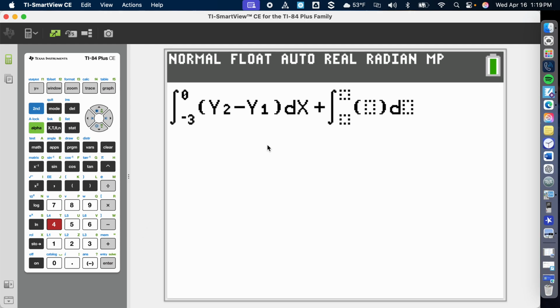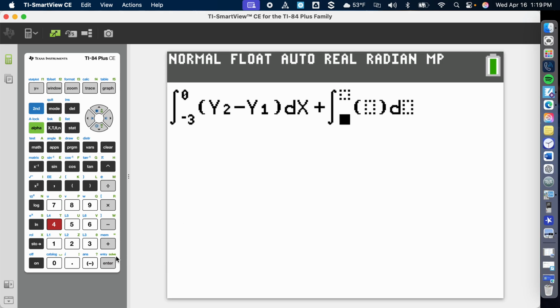Or actually, you could just hit plus and it'll automatically take your previous answer and add on to it. Still hit up, it'll still be there. Your calculator doesn't delete it even if you hit delete. You can hit second enter.